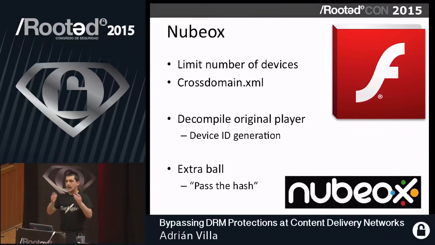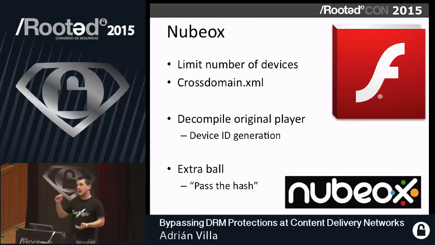We couldn't give a player to each of the users because the ID of the player was authenticated against the cloud of Nubiox, and if you exceeded the number of identifiers, it said no, it didn't let you do it. So we compiled a player based on Flash.